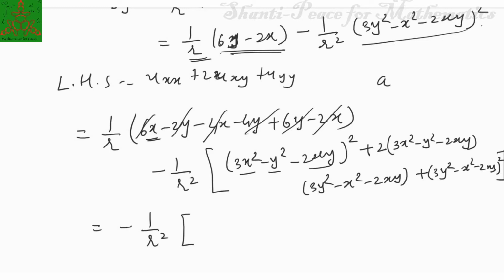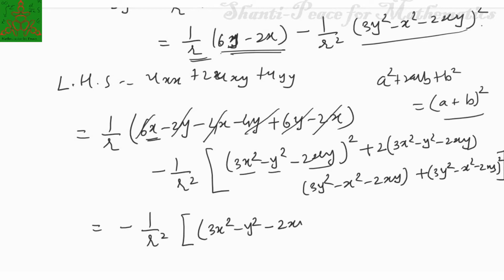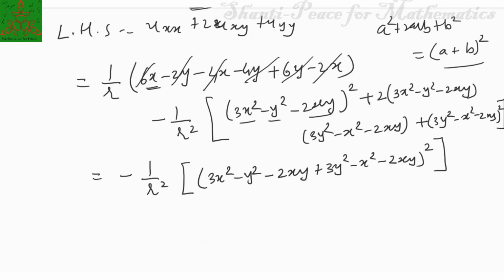You note that this is of the form a square plus 2ab plus b square. So this simplifies to 3x square minus y square minus 2xy plus 3y square minus x square minus 2xy, whole square, and this quantity will give you 3x square minus x square, so it is minus 1 upon r square times 2x square plus 2y square minus 4xy whole square.